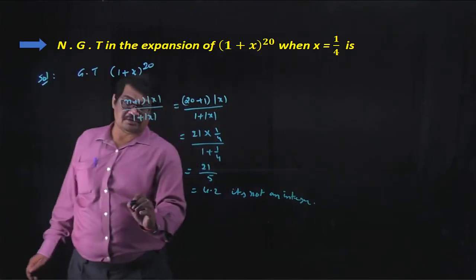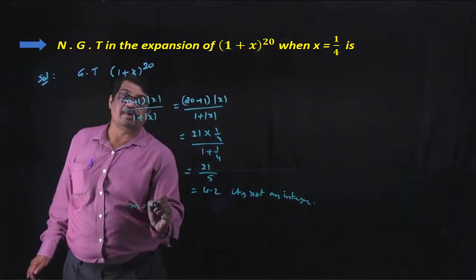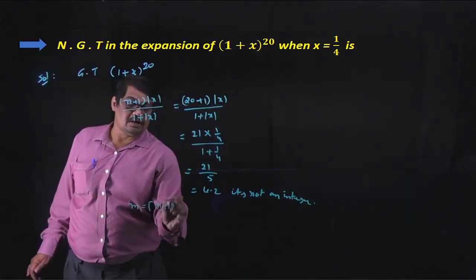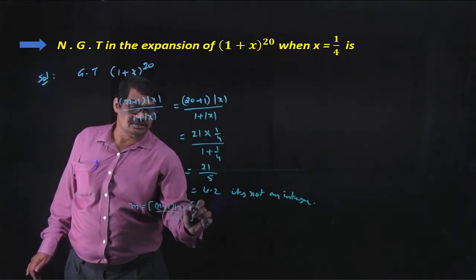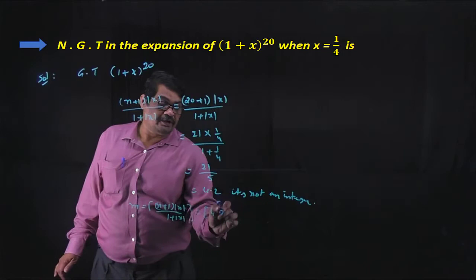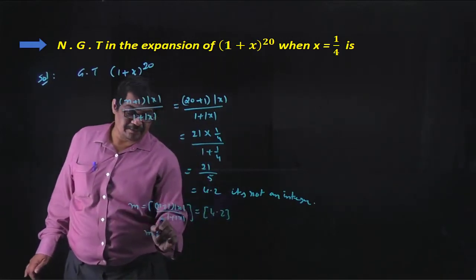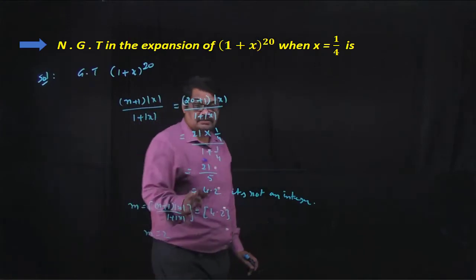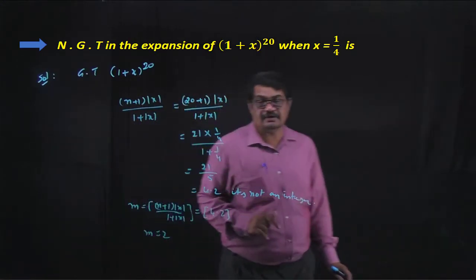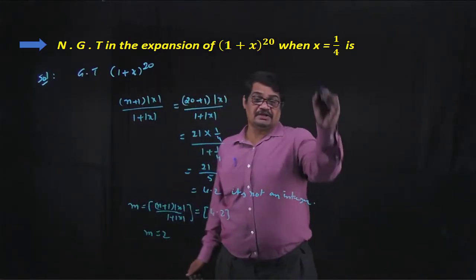Therefore, what have we taken? m is the integer part of (n + 1)|x| / (1 + |x|). So this is 4.2. That is, we take m equal to 4. Here this value is not an integer. Then what is the numerically greatest term?